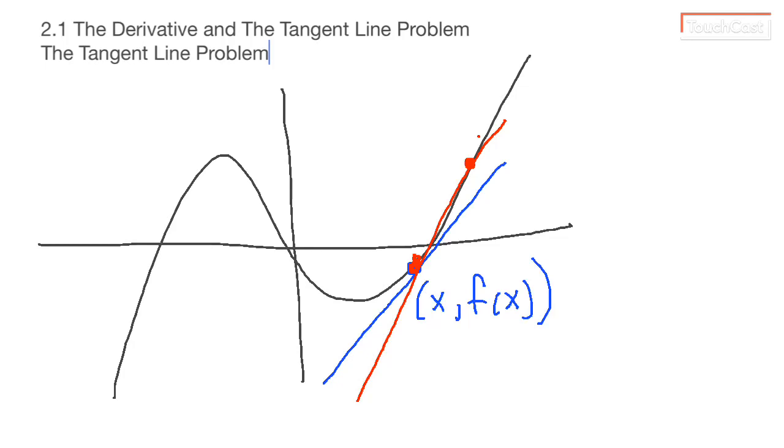In fact, the whole idea of the tangent line problem is we can pick points that get closer and closer, and we will eventually find the slope of that tangent line. So these points we're approximating are at x plus h and f of x plus h.